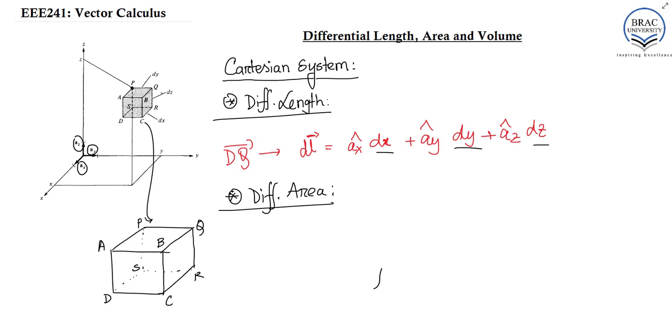So let's say this is the differential volume created by the differential length change along the three axis directions. In this closed volume, you have six faces or six surfaces, right? This differential cube has a length equal to dx, a width of dy, and a height of dz.